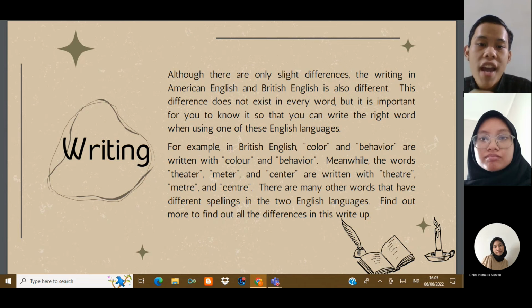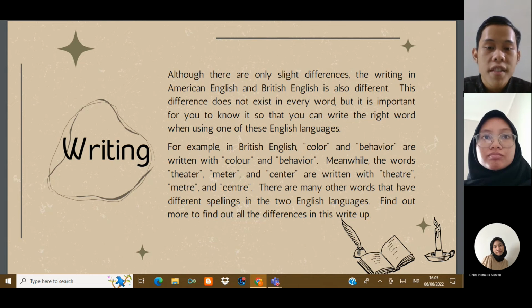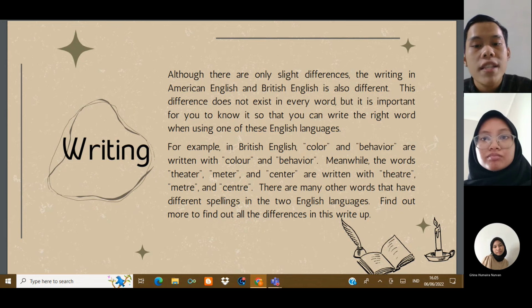Meanwhile, the words theater, meter, and center are written with "re": theatre, metre, and centre. You can see on that PowerPoint, there are many other words that have different spelling in the two English languages. Find out more to find out all the differences in this write-up.